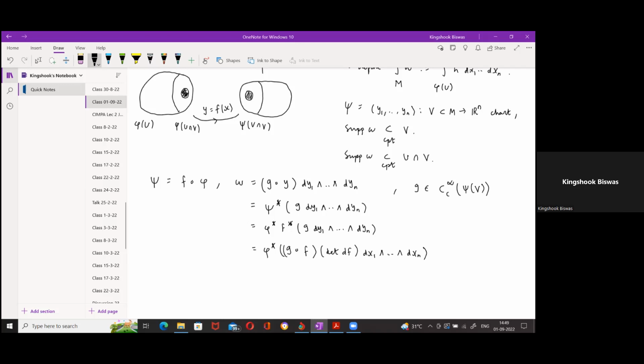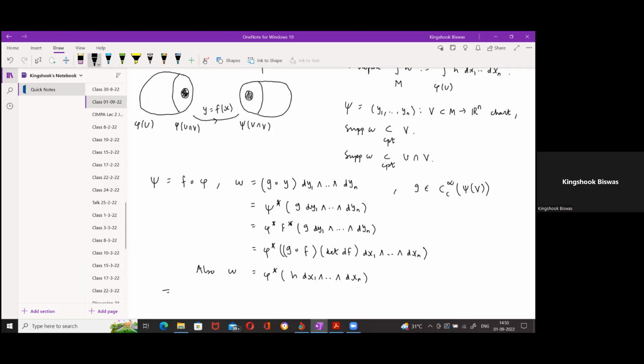Right? And on the other hand, we also know that omega is also equal to phi star of h dx1 wedge dxn, right? So if you equate these two, what do we get?